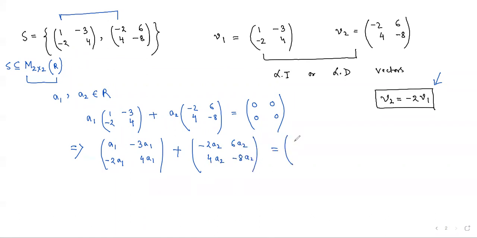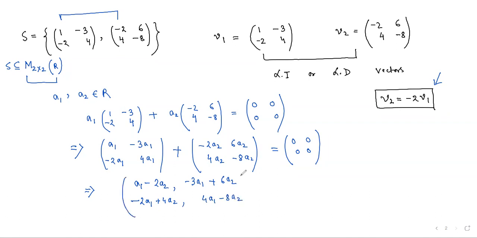And then after the matrix addition, you will write A1 minus 2A2 as the first element, minus 3A1 plus 6A2 as the second one, minus 2A1 plus 4A2 as the third one, 4A1 minus 8A2 as the last one. So we have got our matrix, which is equated to the 0 matrix.